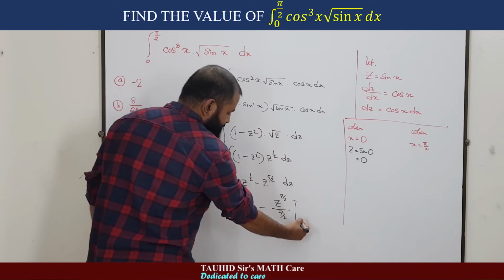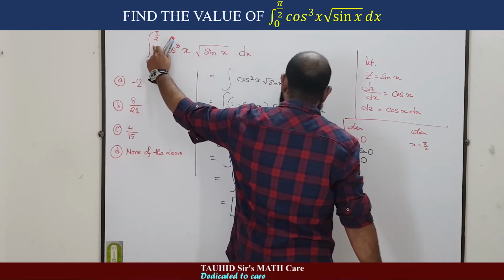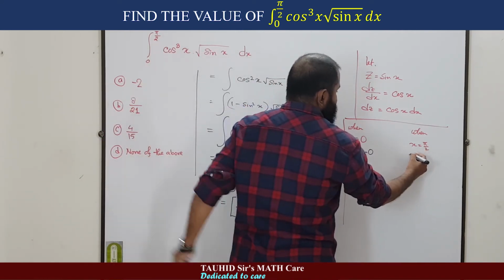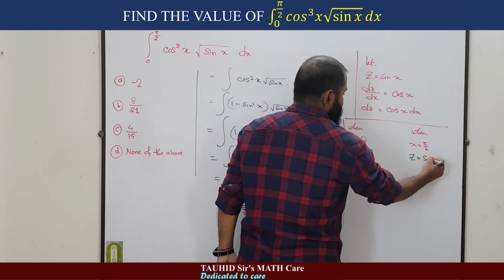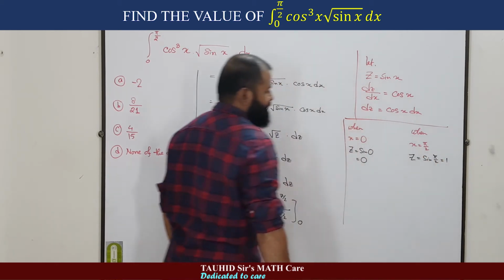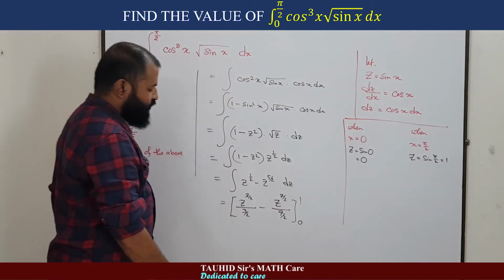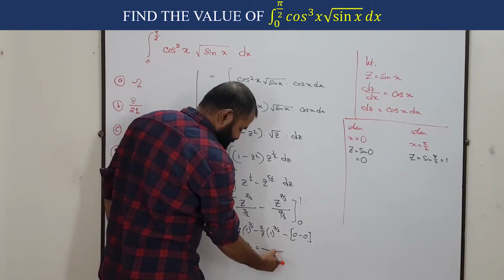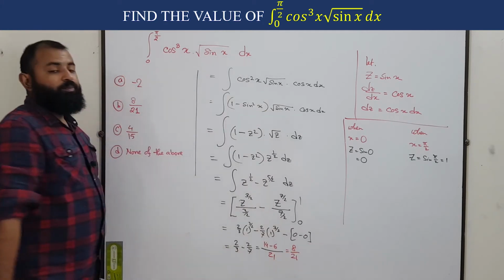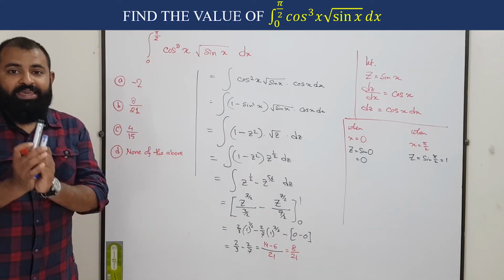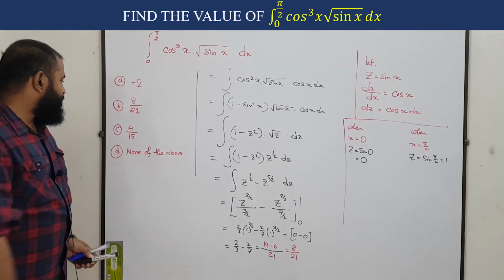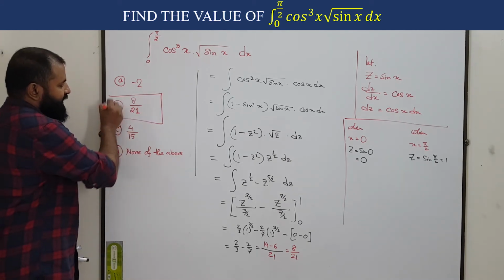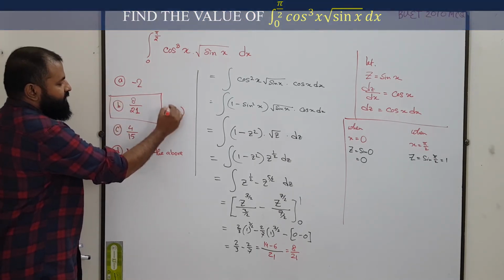The lower limit is 0. When x equals pi by 2, z equals sin pi by 2, that means 1. So, the upper limit is 1. So, we will now put the limits. 8 by 21. Can you see any 8 by 21 in your answer? Yes, you can see this in option B. This is our answer.